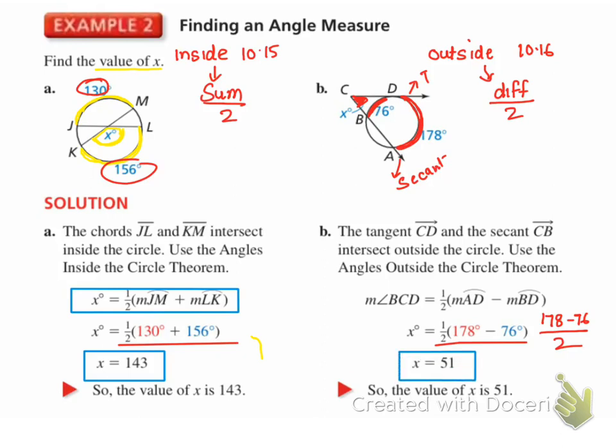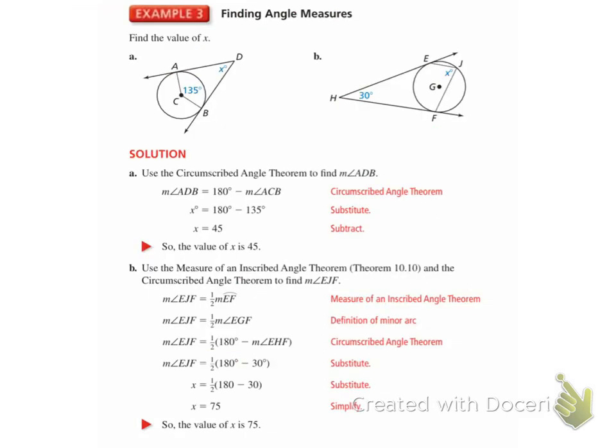Let's move to the next problem. Problem number 3, finding angle measure. This requires the circumscribed angle theorem. In the first picture, we have to find the value of x, which is here. This is the outside angle and this is the angle formed at the center. By the circumscribed angle theorem, these two angles are supplementary.